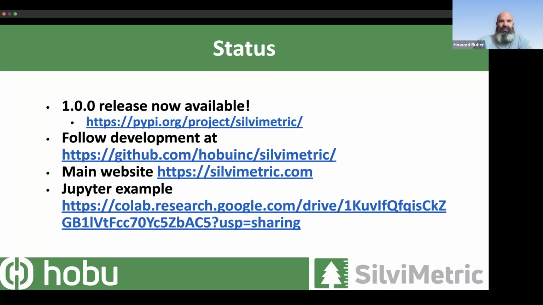Another key assumption that SilviMetric starts with that Fusion doesn't is that we assume the point cloud data are organized in some spatially selectable format. For practical purposes, that's either Entwine Point Tile or COPC. With cloud optimized point cloud, you can have a tile index that points to a bunch of tiles, or a single giant one, although that's maybe not the best way to go about it. Or you have Entwine Point Tile, which might represent a county or a multi-county statewide collect, and they map to the USGS collects.